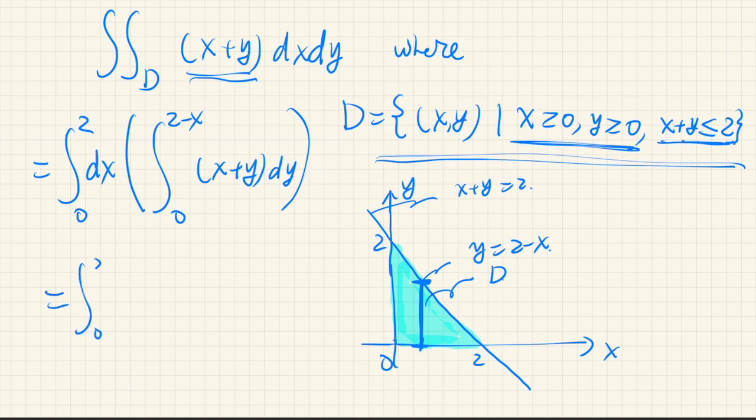Okay, so if we integrate this with respect to y, we have x times y plus y squared over 2, from 0 to 2 minus x, dx.